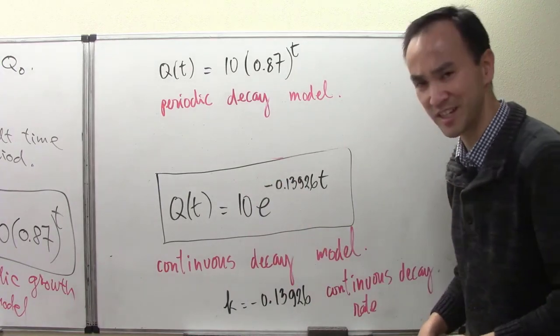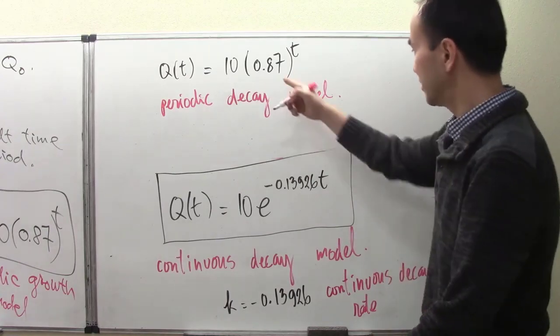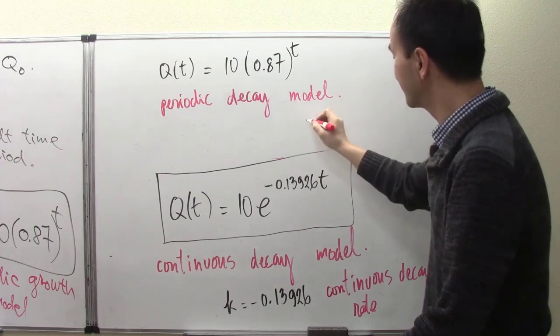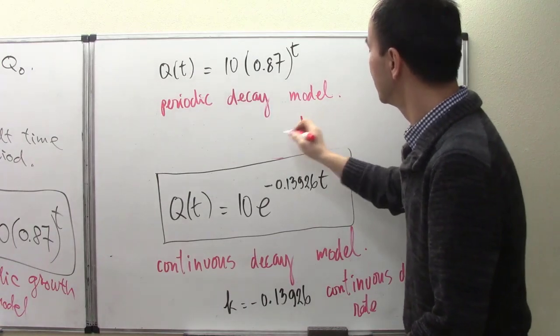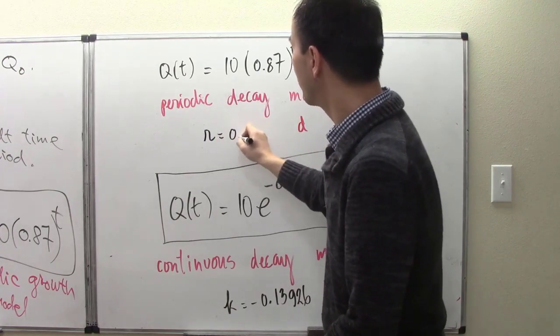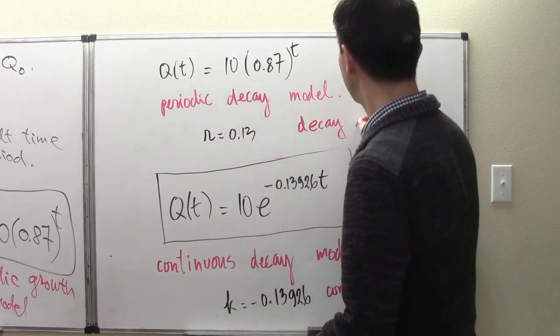That's another way of seeing it. Or the relative decay rate. So R equals 0.13 is the decay rate.